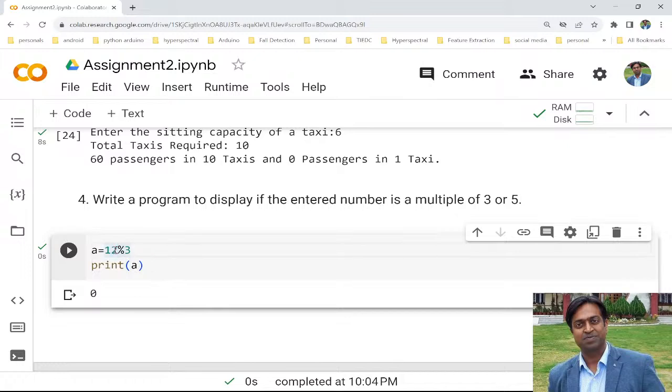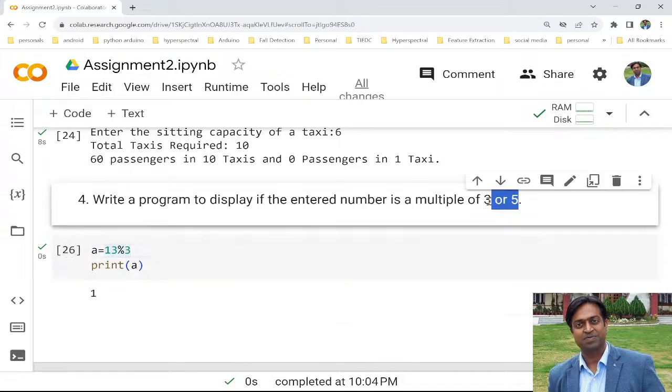If it is not divisible, like 13 is not divisible by 3, I will get the answer as 1. So if the number is divisible by the number in the denominator, this modulus will return 0. So now if I want to check if the number is divisible by 3 or 5, what do I have to do?